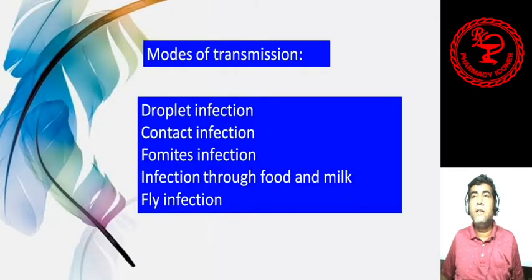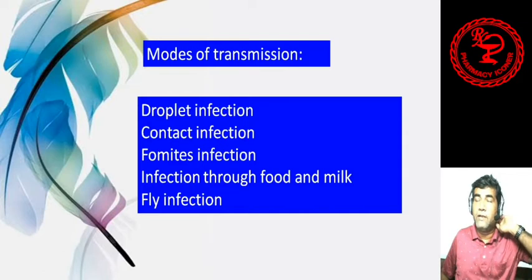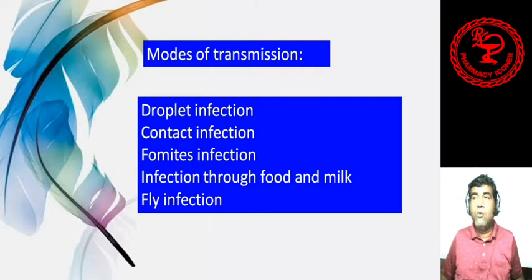Mode of transmission: it can transmit by almost any droplet infection. We have discussed earlier contact infection and fomite infection. Infection may also occur through milk. The cow may suffer from tuberculosis, and that microorganism may be present in the milk of the cow.